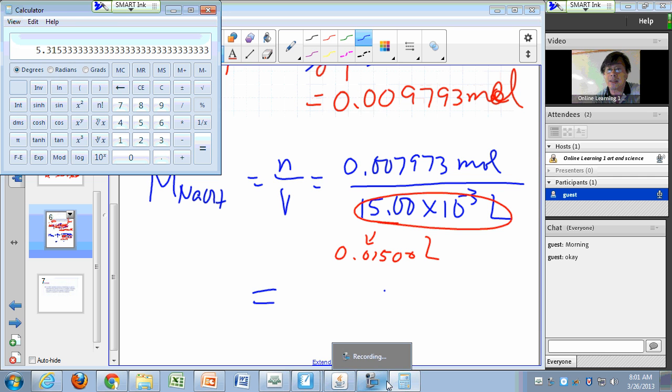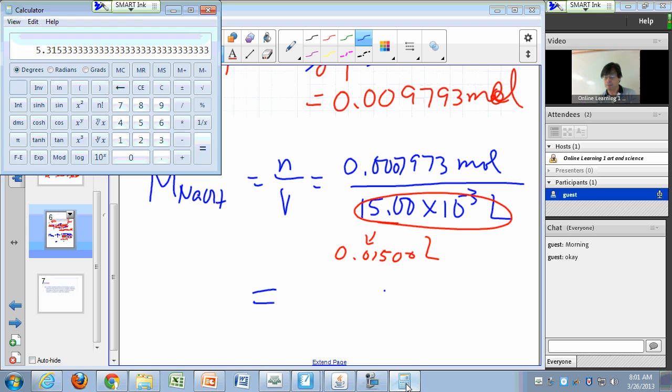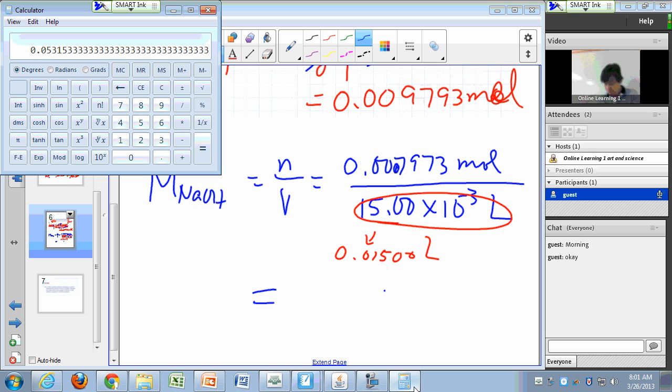I need an extra zero over here. 0.0007973 divided by 0.015. Am I right on this one? Wait a minute, no, I just need two zeros. Try it again. 0.007973 divided by 0.015 gives me 0.5315.